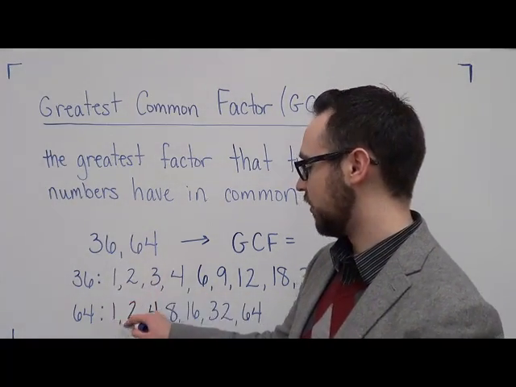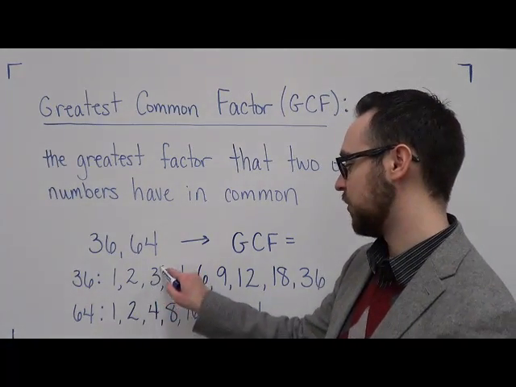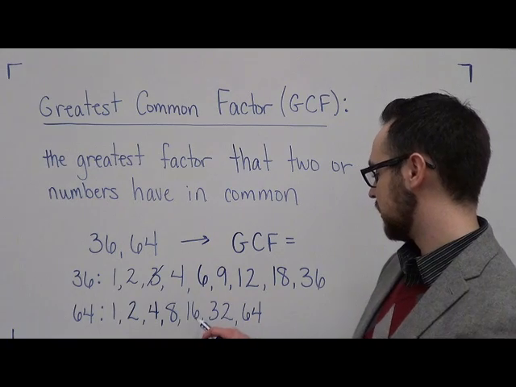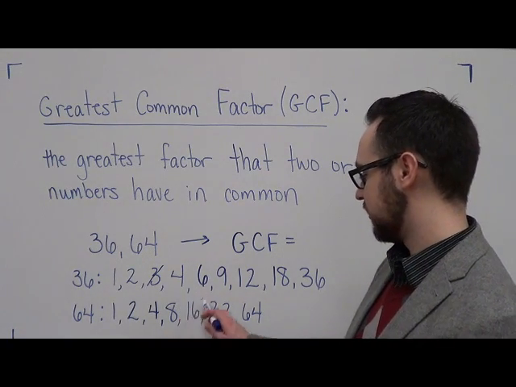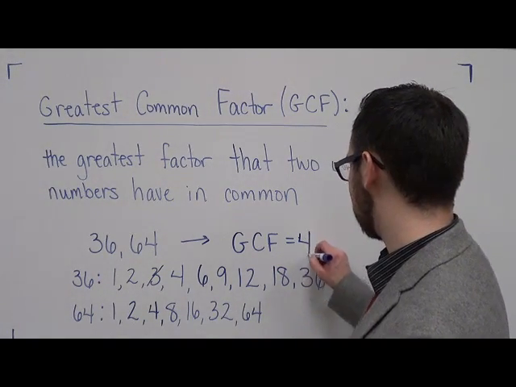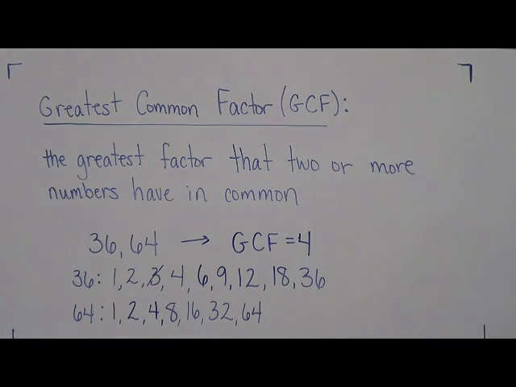They both have 1, they both have 2, they don't have 3, so it can't be that. They both have 4, and then it stops. No 8, no 16, 32, and 64. So the GCF for this particular problem would be 4, because it's the biggest number that will go into both 36 and 64.